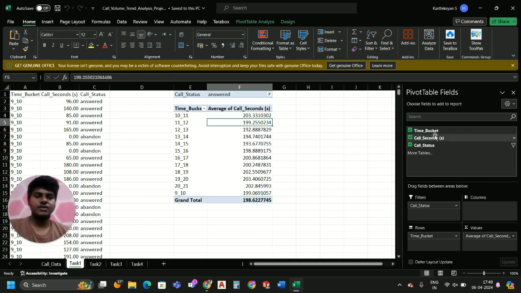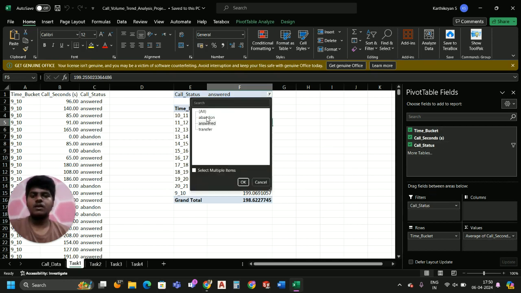So you can see I have used the time bucket in rows and call seconds, with average in the values column, to get the average call duration. In the filter I have used call status and chosen answered.